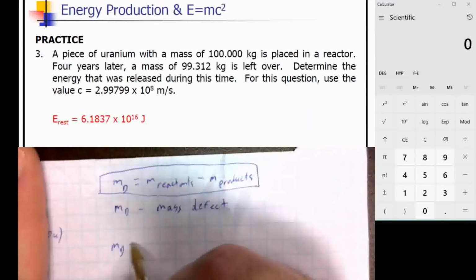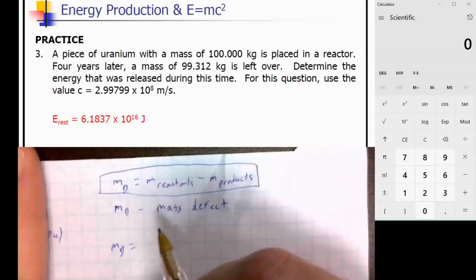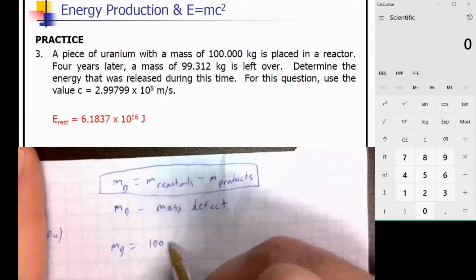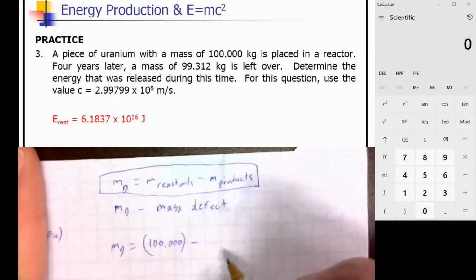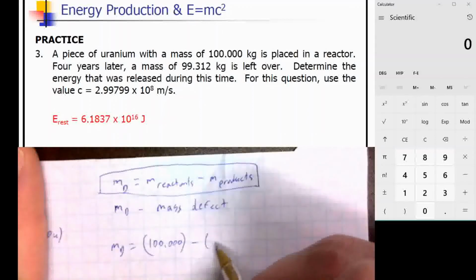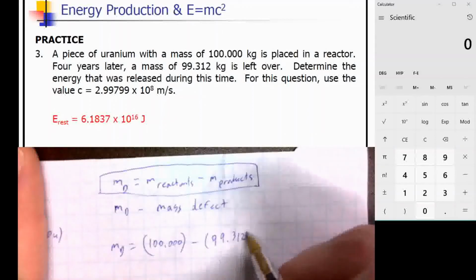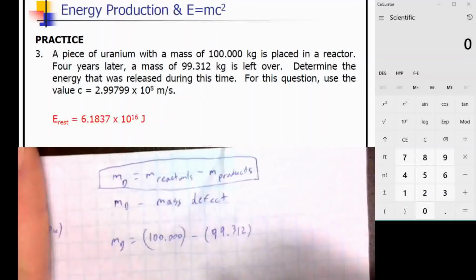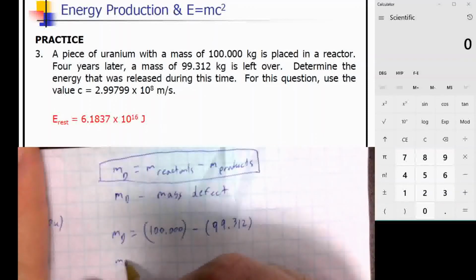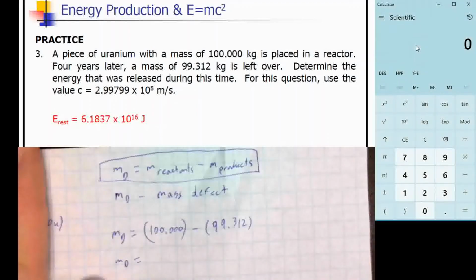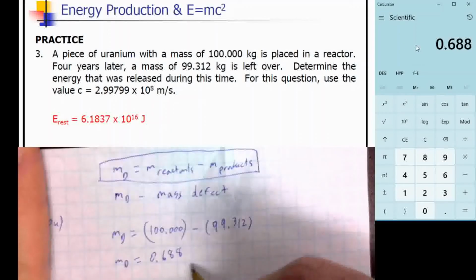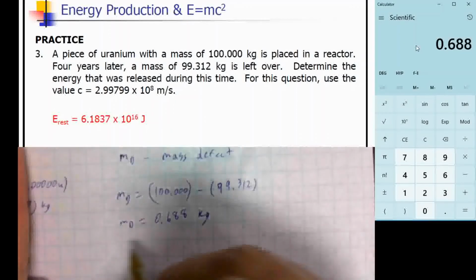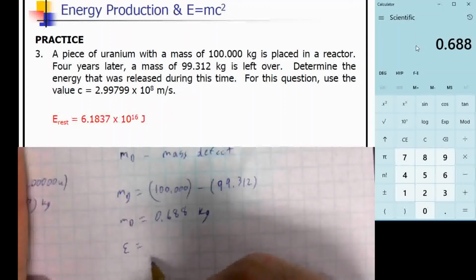Our mass defect for this problem: our reactants were the 100.000 kilograms of uranium, and the mass of the products, so what's left over, is the 99.312 kilograms. So this works out to 100 minus 99.312, 0.688 kilograms. And now we need to find how much energy this is.